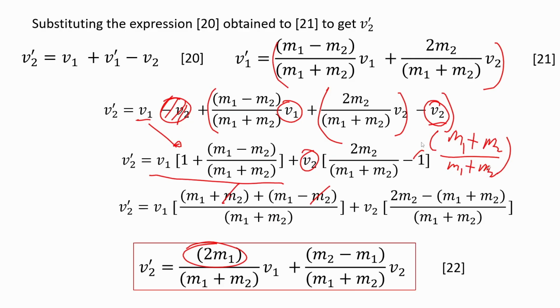So that you can replace that one. So this becomes negative m1, this becomes negative m2. So the 2m2 minus m2 becomes just m2. Then minus m1. So that is the expression for your v2 prime.